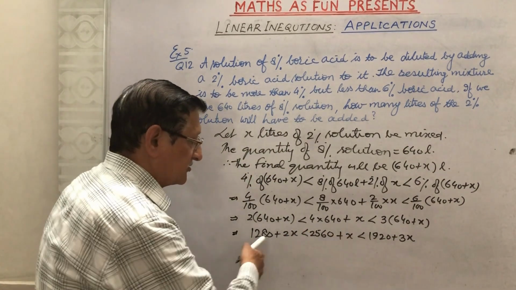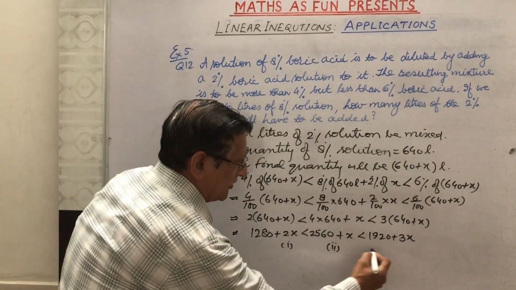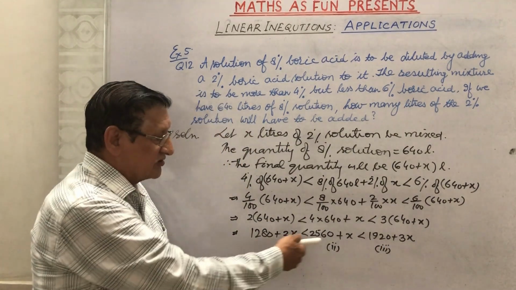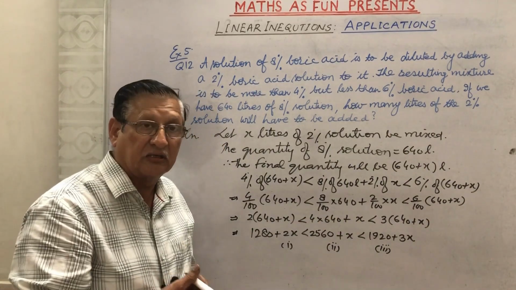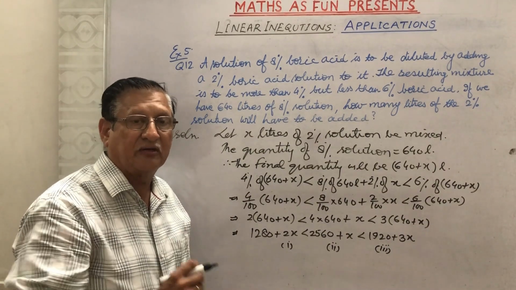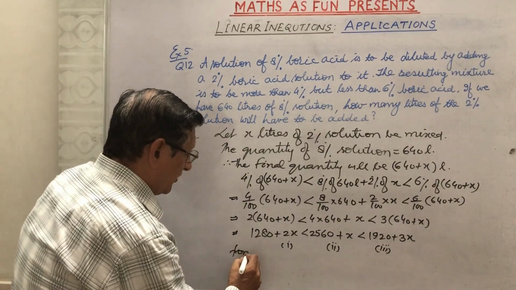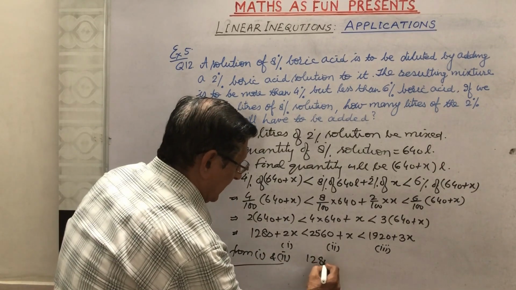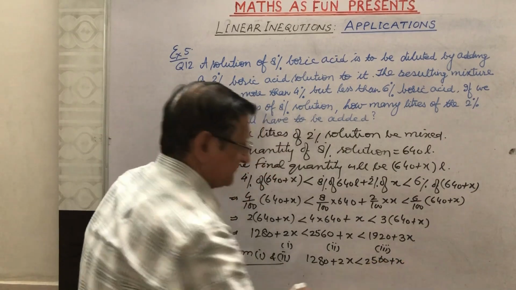Now these are the three parts. If we consider this part as first, this as second and this as third, then first we will simplify the first and second to find one of the answers, and then second and third to find the other answer, and then we will combine the solution of the system of inequalities. So from 1 and 2, we are getting 1280 plus 2x is less than 2560 plus x.